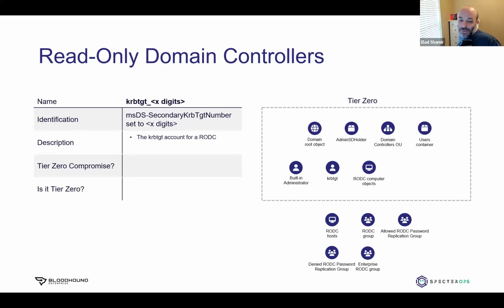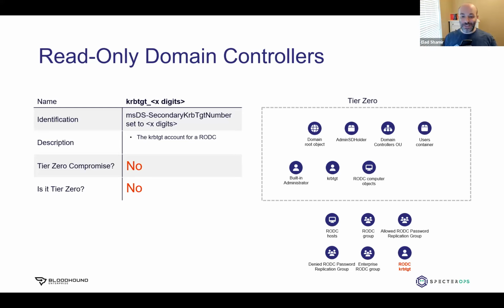Therefore, the RODC's dedicated KrbTGT account does not have an inherent path to compromising tier 0, and it does not belong in tier 0. It is subject to the password replication policy controlled by the attributes of the RODC computer object. I'll also note that the RODC host has control of the RODC KrbTGT account.